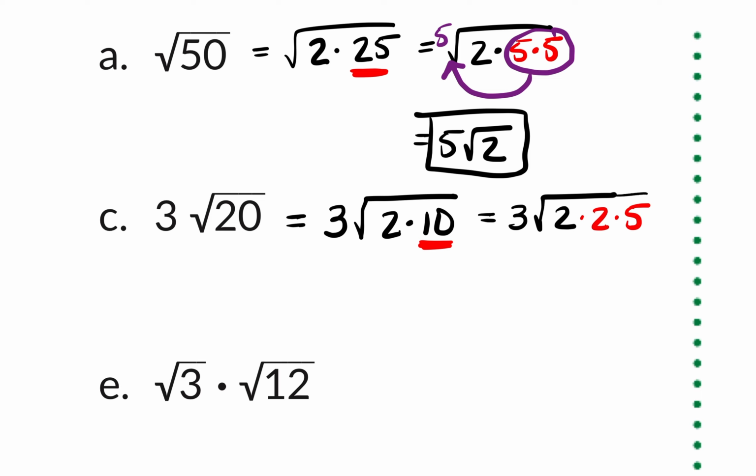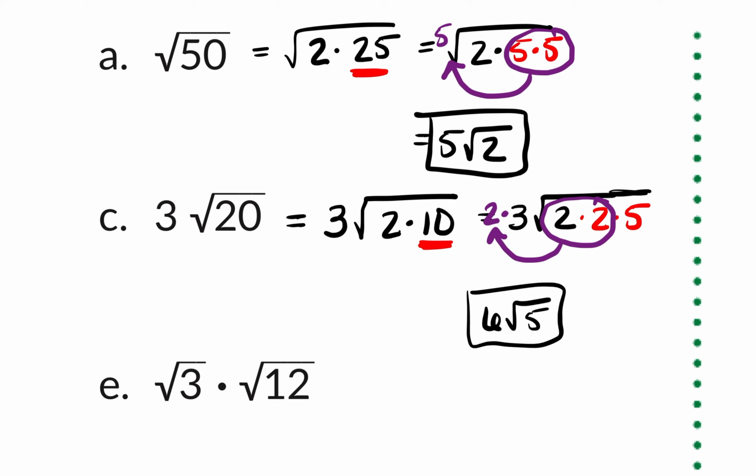I can do 2 because 10 ends in 0. So my couple, which I can't break down anymore, is 2. I bring that out front, and you multiply the numbers. 2 times 3 is 6. What's left underneath is a square root of 5. And that's it.